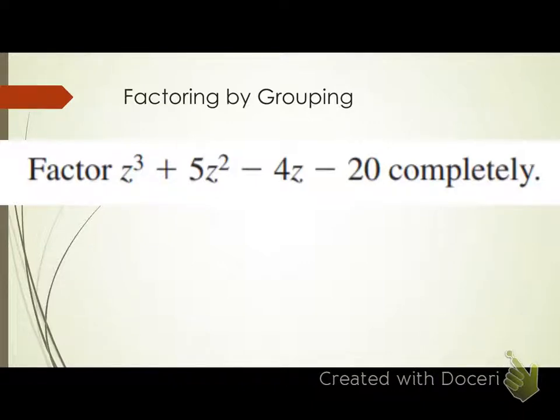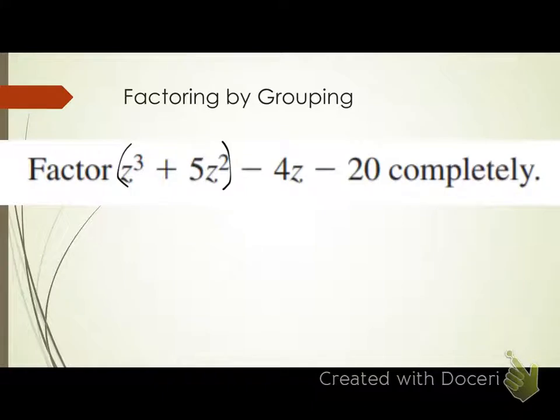No. 1, 5, 4, and 20 don't have a number in common besides 1, correct? And they all four don't share a z, do they? So can I pull out a GCF out of all four of them? No. Do my first two terms have common factors? Yes, so let's group those together.